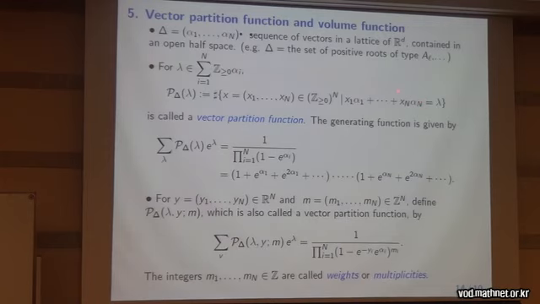The number of ways to express lambda in this form is the definition of p delta of lambda, and this is called a vector partition function.